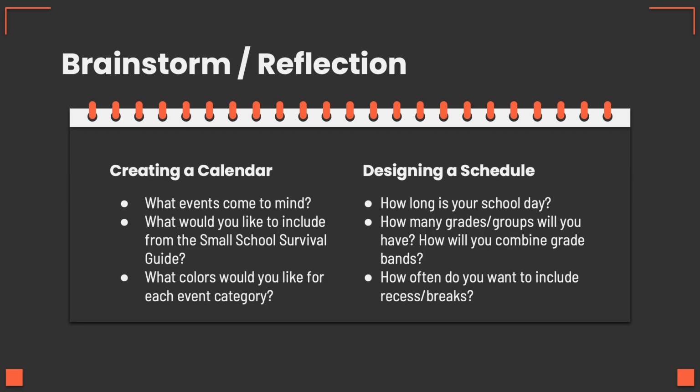Has anyone seen that already or used that already? Is this it? Yeah, it has the life preserver on it. That's it. So you guys, yep, you've got that. That's a great place to look for ideas. And you might start thinking about colors if you want to color code, which really helps the brain.